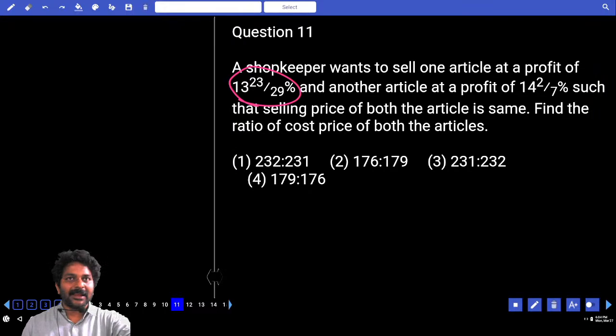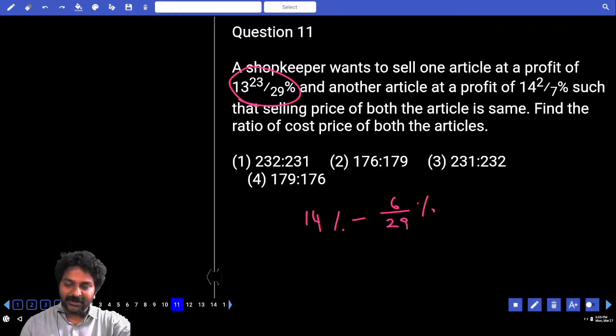ఇంతకుముందు మనం క్యాలిక్యులేట్ చేసాం. ఇఫ్ యూ కెన్ రిమెంబర్, I can treat it as 14% minus 6/29%.